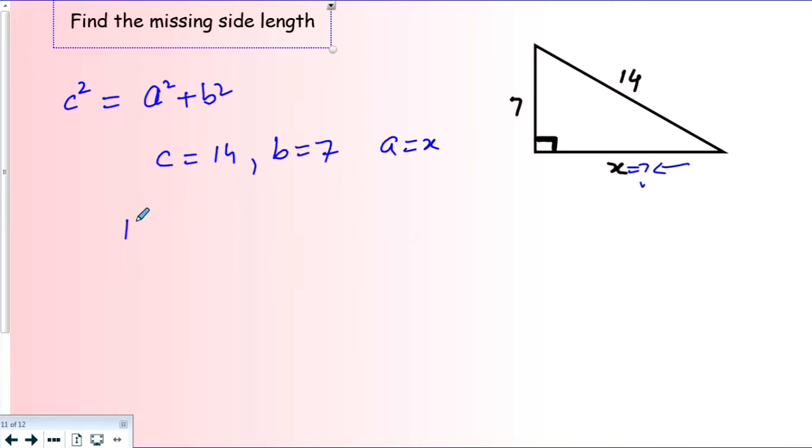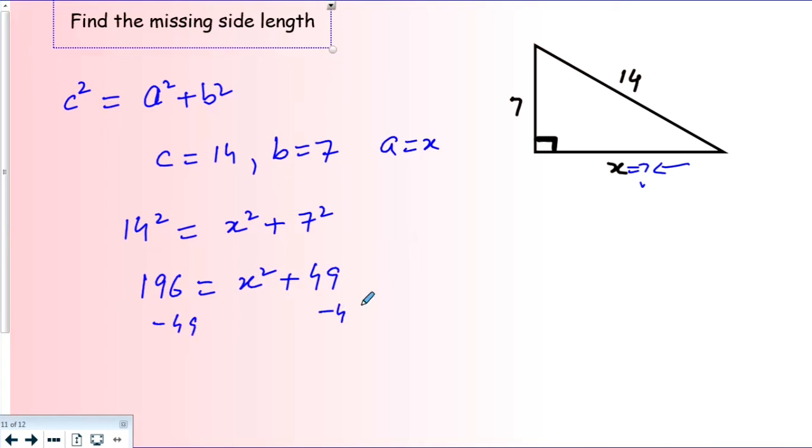Putting in the values, we get 14 squared equals x squared plus 7 squared. The square of 14 is 196. The square of 7 is 49. Now subtract 49 from both sides.